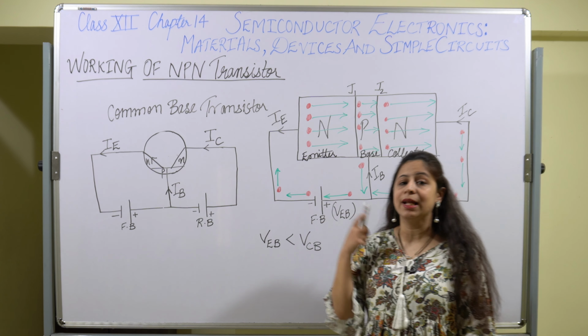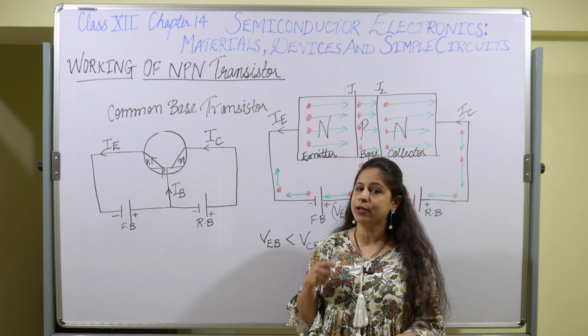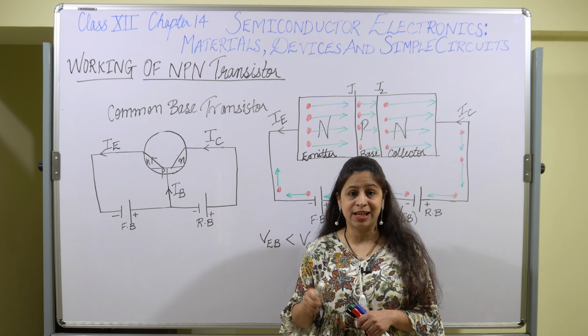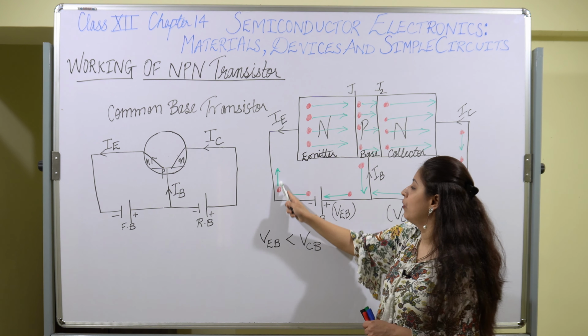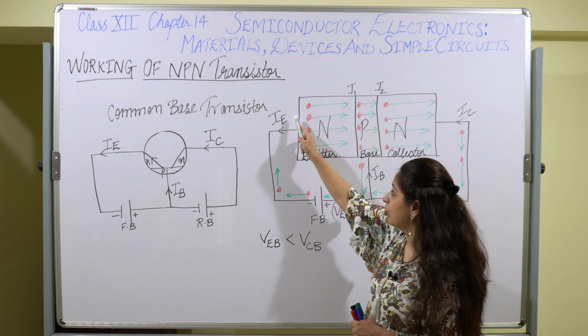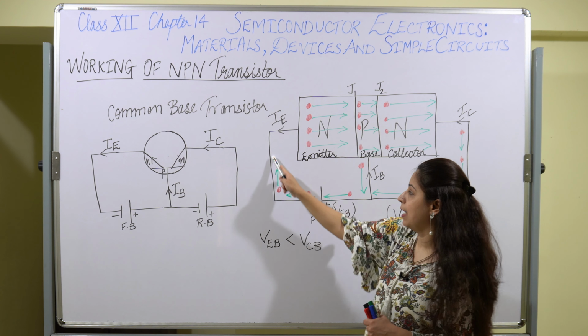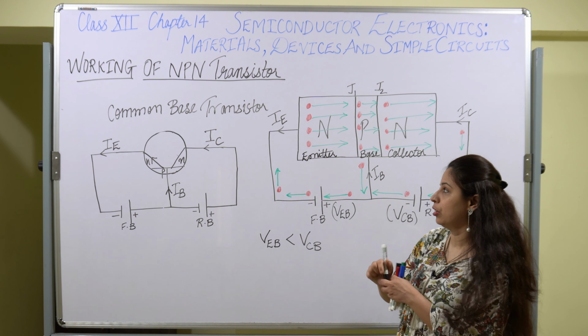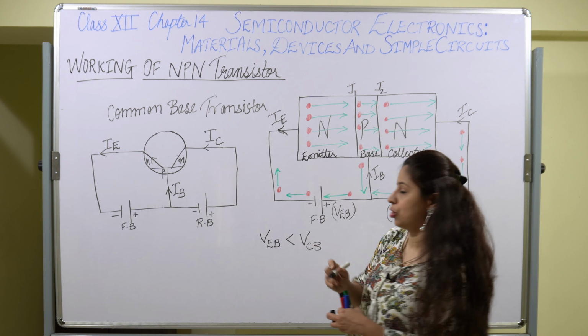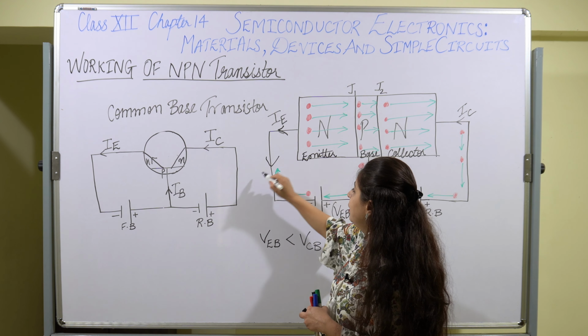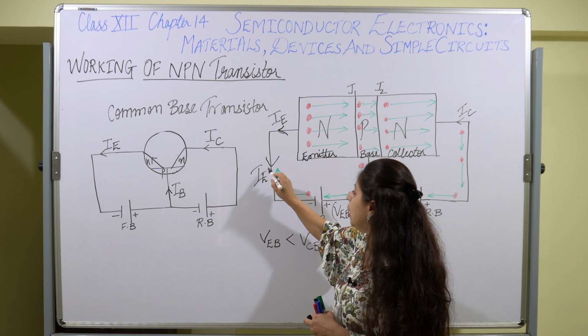Now we already know that the flow of current is opposite to the flow of electrons. So my electrons are moving in this direction, and the current constituted in the emitter will be moving in this direction, which I have already shown over here. So my current is in this direction, IE.